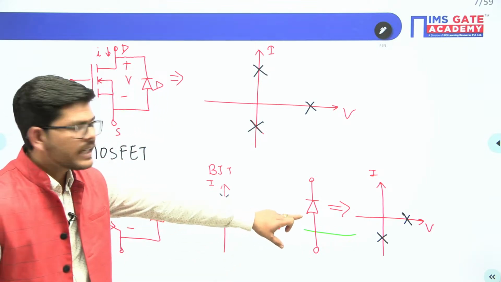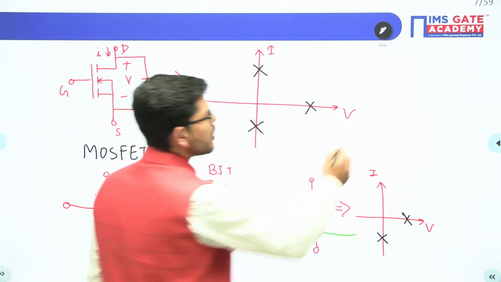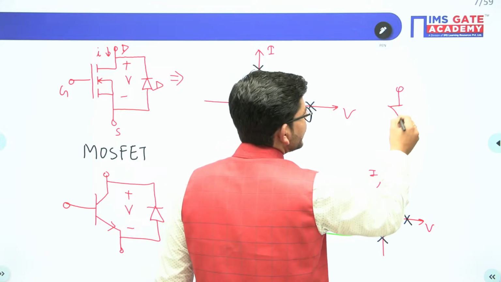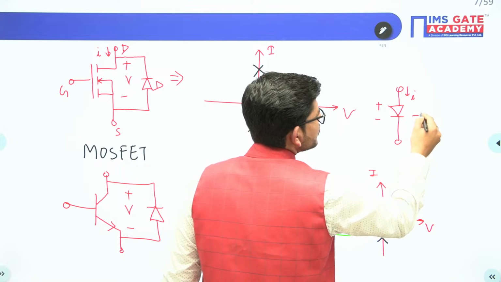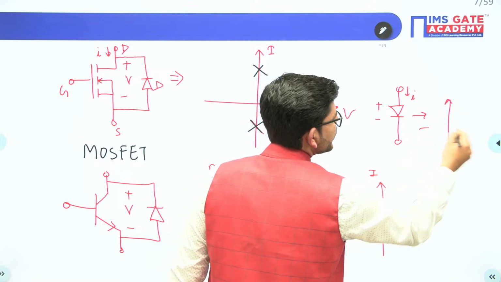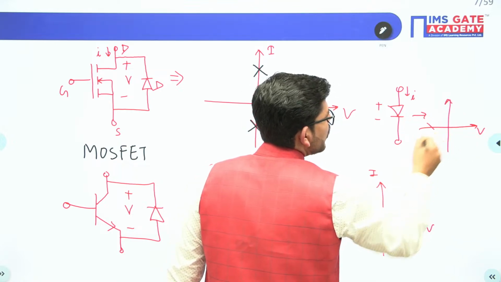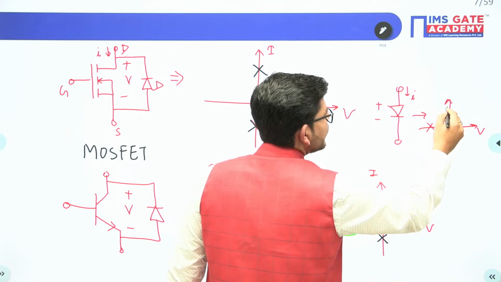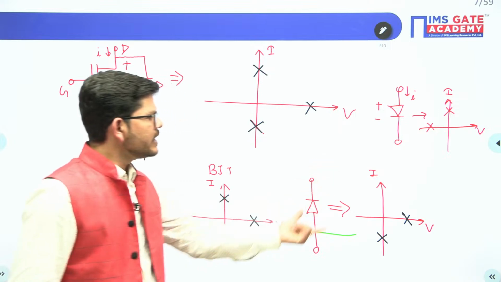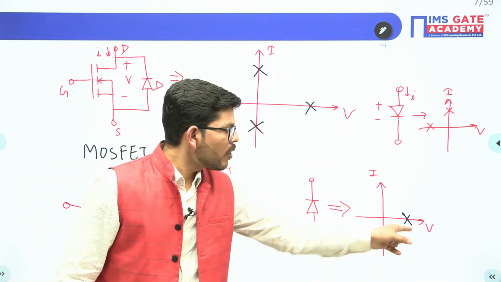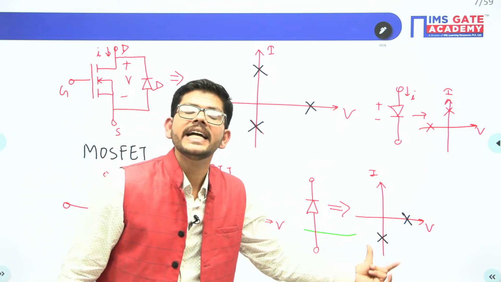Because this is an inverted diode. We have talked about diode when we have taken this particular combination, isn't it? For this, the switch is realized in this particular manner where it has blocked negative voltage and carried positive current. When it is inverted, just the reverse will happen. It will block positive voltage and carry negative current.